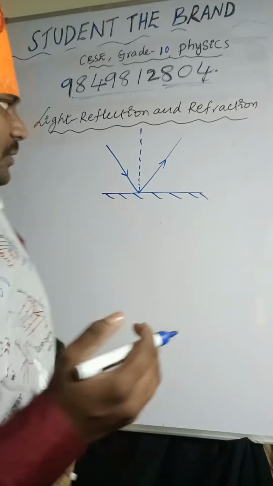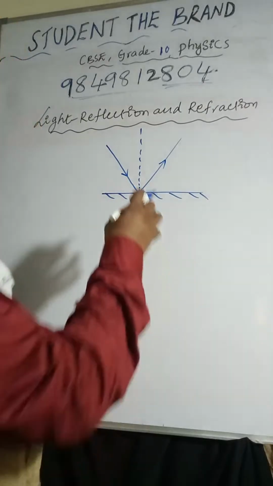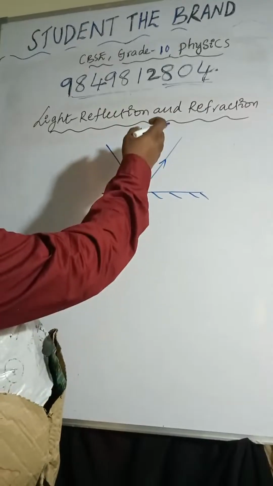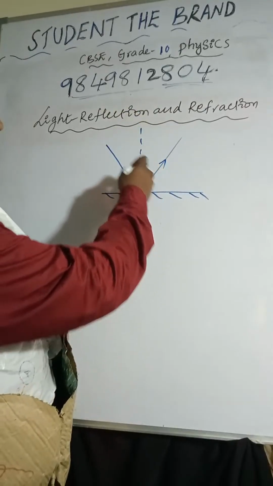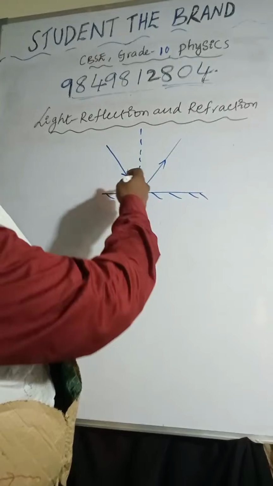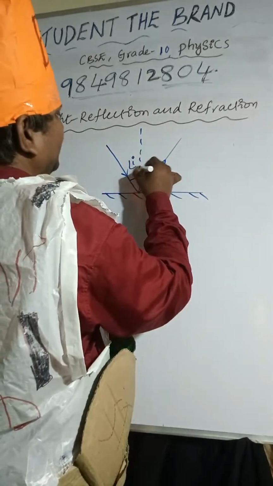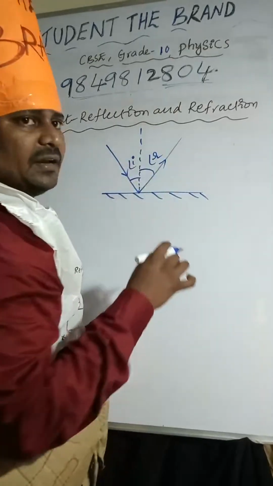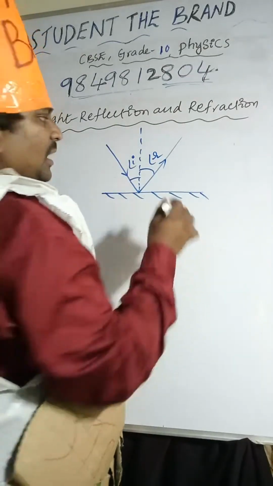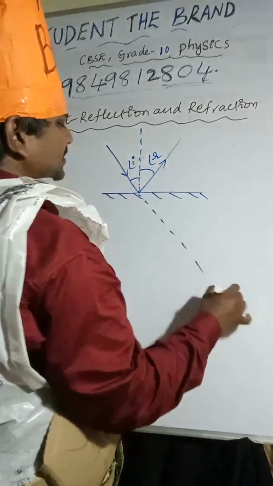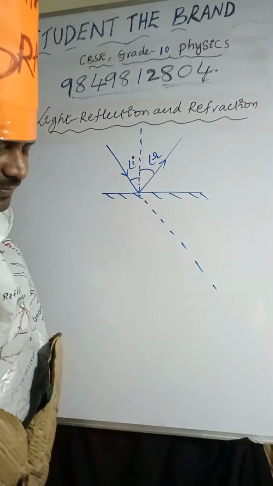The light ray incident on the surface is the incident ray, then the reflected ray, and the normal line. The angle between the incident ray and the normal line is called the angle of incidence. The angle between the reflected ray and the normal line is called the angle of reflection. And there is an undeviated line.